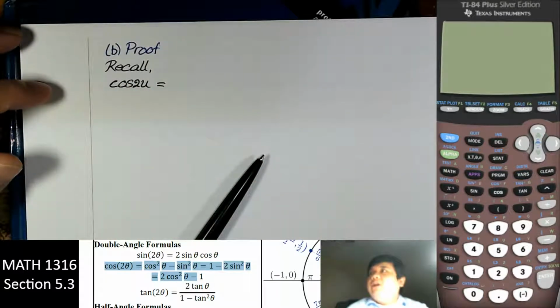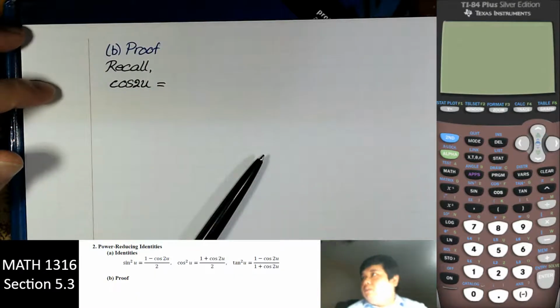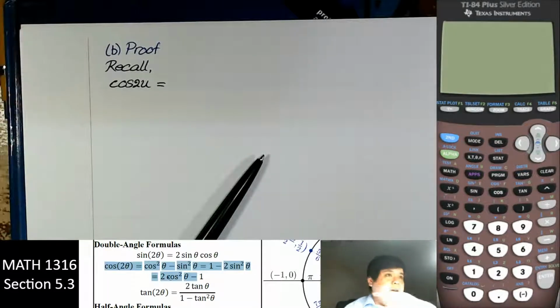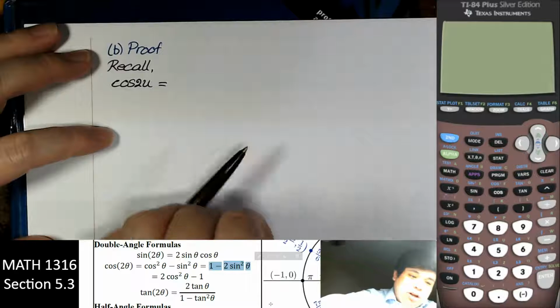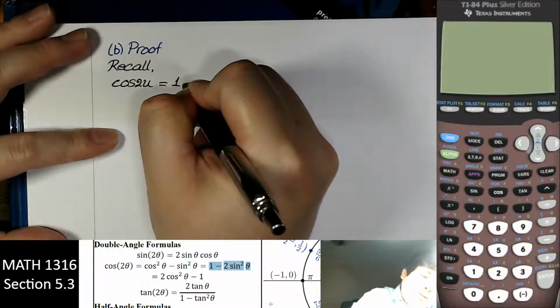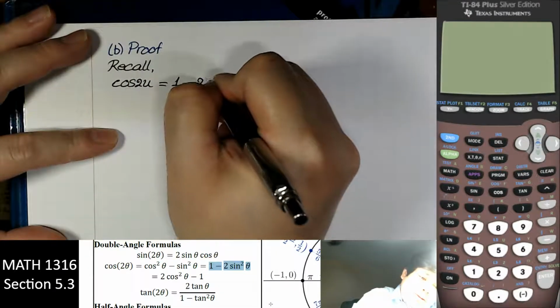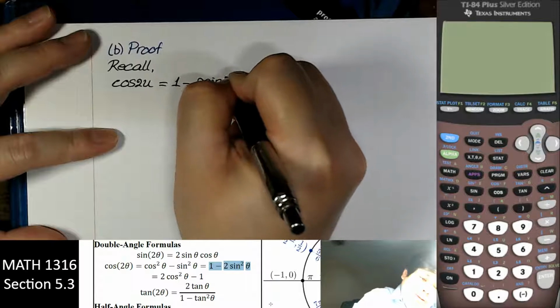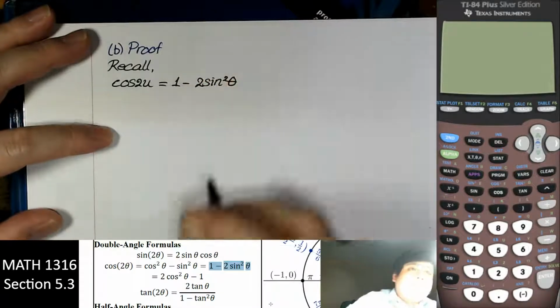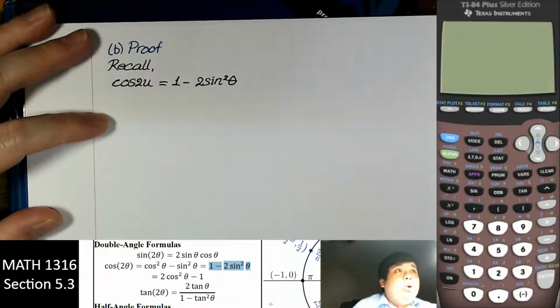The formula for cosine of 2u or 2 theta is there. Of course we're not going to use this, because that has both cosine and sine square, we're just going to use this if that's what we start with. We already know this.